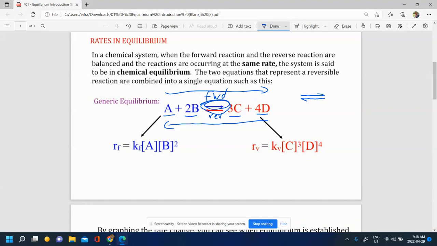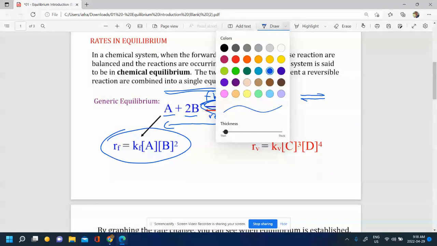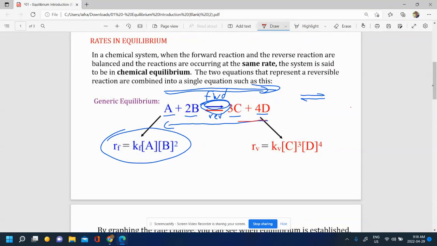So there will be a point where this system will reach what's called equilibrium. And at equilibrium, what happens is the rate of the forward reaction, so going left to right, is going to be equal to the rate of the reverse reaction. So the reverse reaction is going to be going right to left.